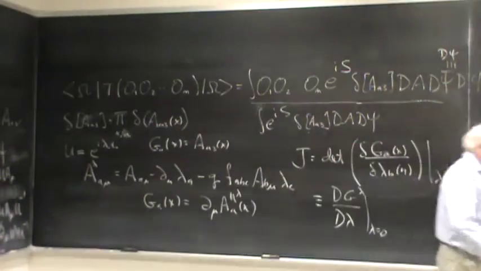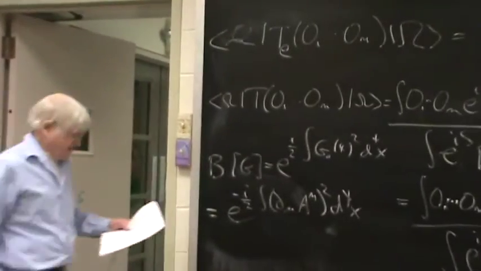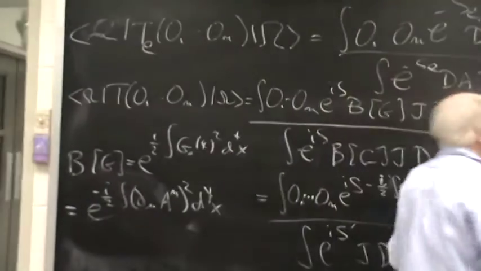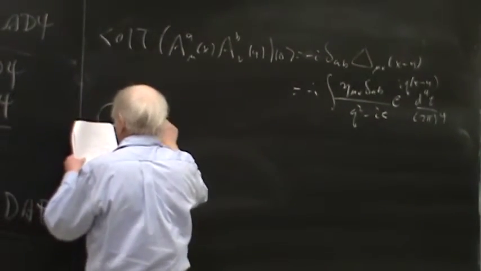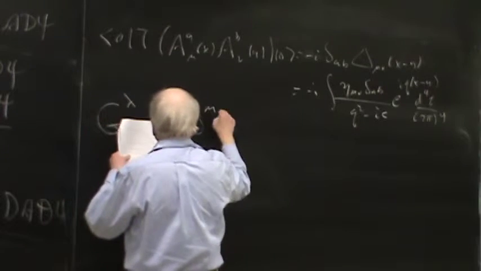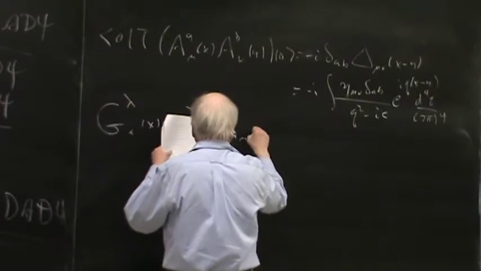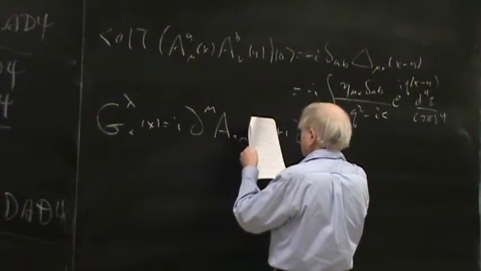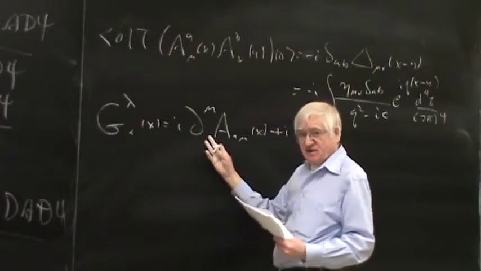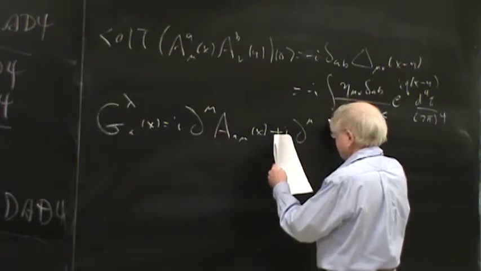And so we have to compute what g lambda is, g little lambda. G little lambda a of x is then I d mu a mu of x plus I d mu. The d mu comes from the Lorentz gauge condition.